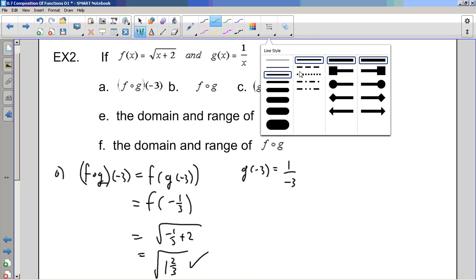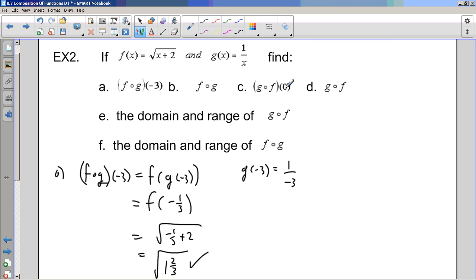Notice that in part C, again, we've got 1 over 0. I can't have 0, but we'll see that absolutely you can. I'm going to do part D first, just to show you that it doesn't matter which order you do them in, whether you find the function and then do the calculation, or do it the other way. f is the inside function here, and so I get g at this expression. f at x is the square root of x plus 2.